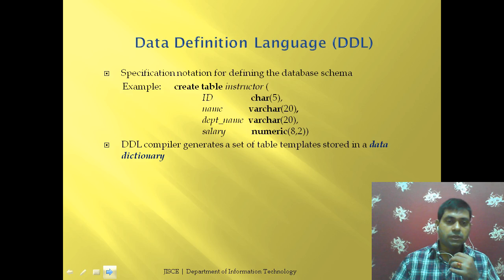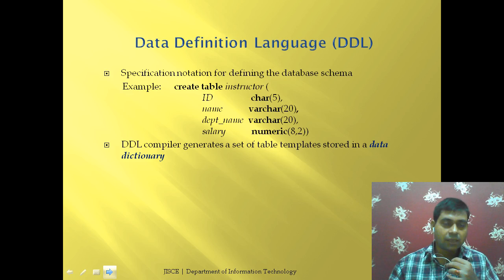The logical structure of the table defines what is the data type of every field, what will be the size of that, whether there is any primary key in that particular table or not, and whether any constraint is defined or not, integrity constraint, domain constraint, etc. All these things must be maintained in the logical layer section. So that is done in the DDL statement.